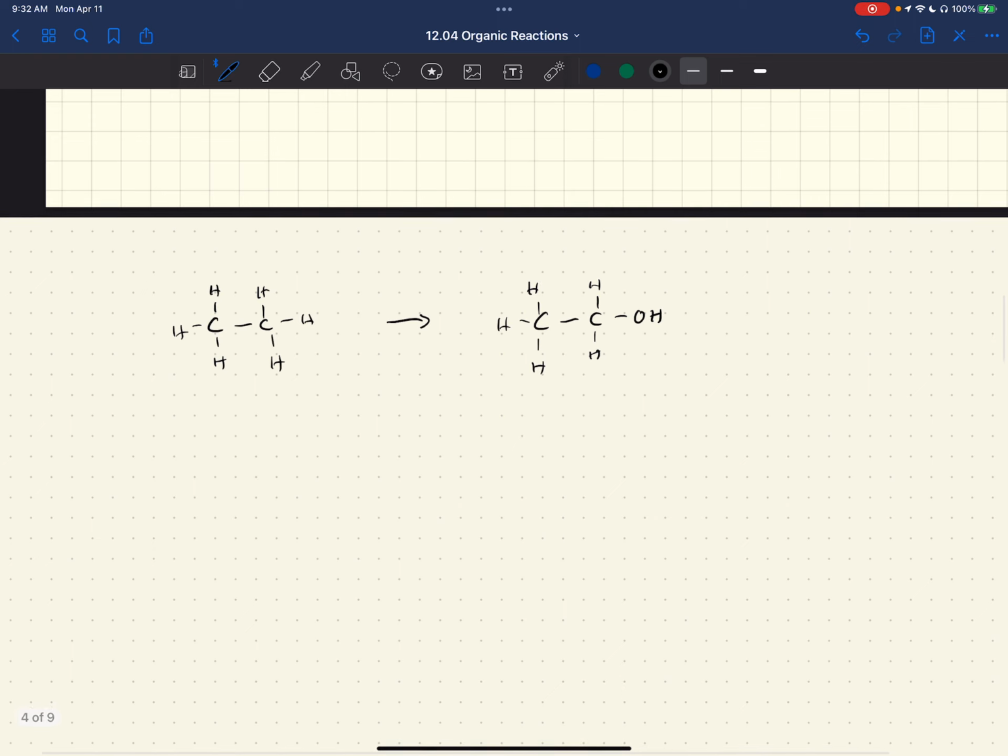So what I could do is react the ethane with Cl2 in the presence of electromagnetic radiation, which you do need to write. And that makes a chloroethane, where we substitute one of those hydrogens for a chlorine.